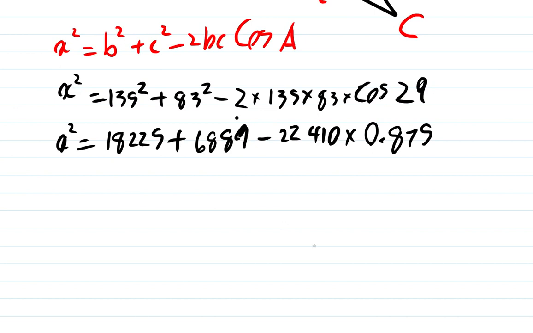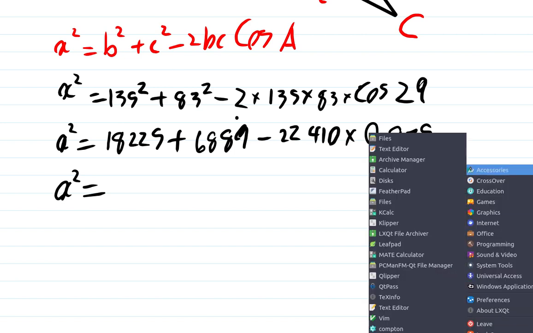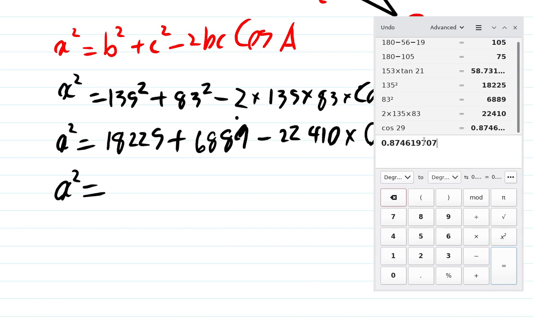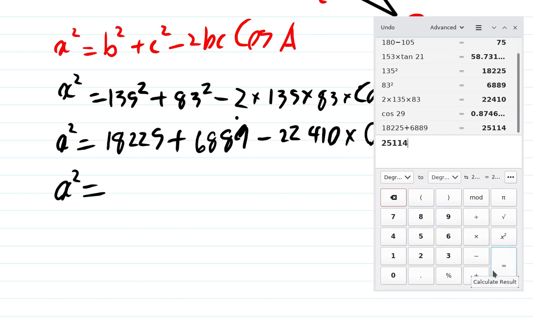Alright, so here now we have that so far. A squared equals, we're going to add and subtract and multiply. So you have 18,225 plus 6889 equals 25,114.